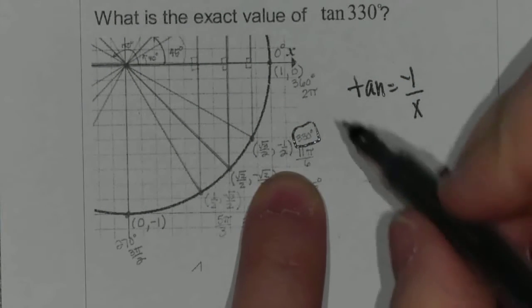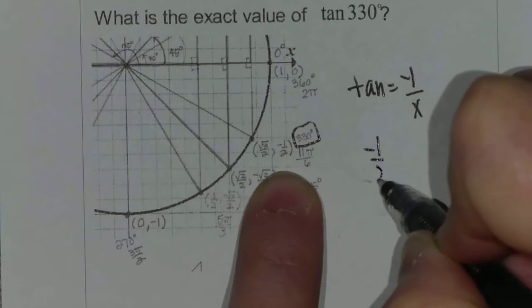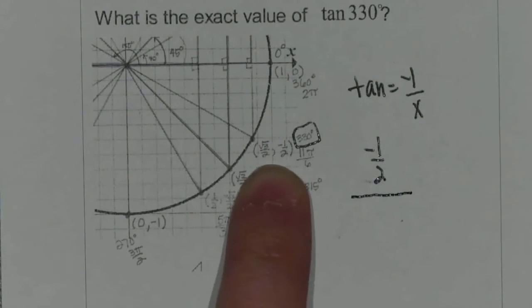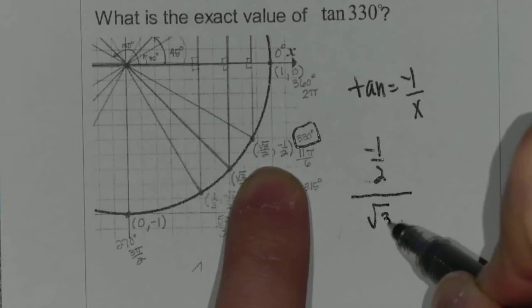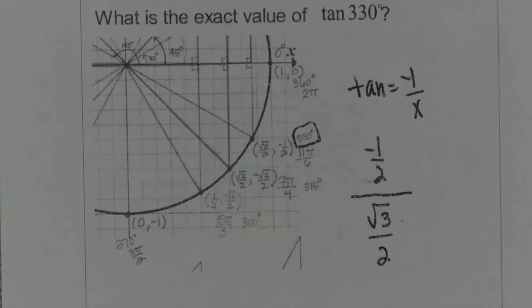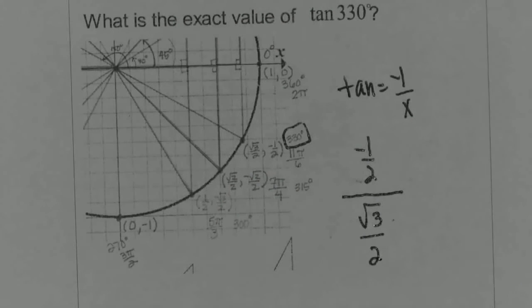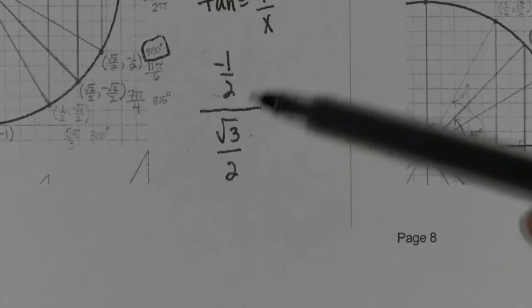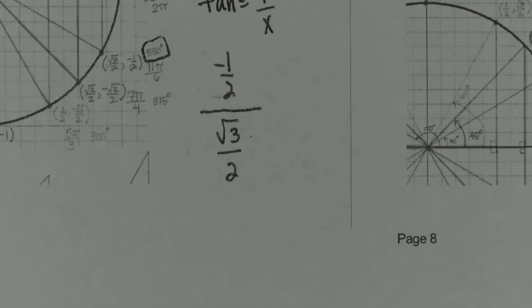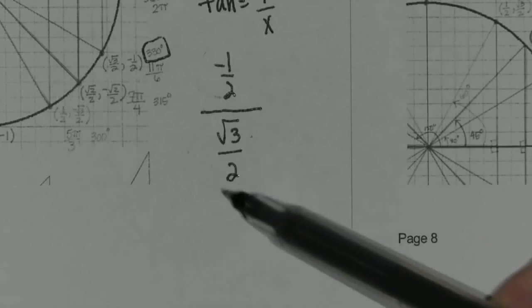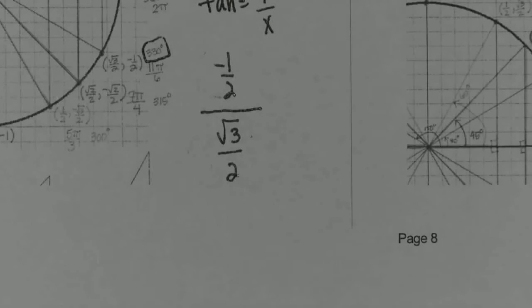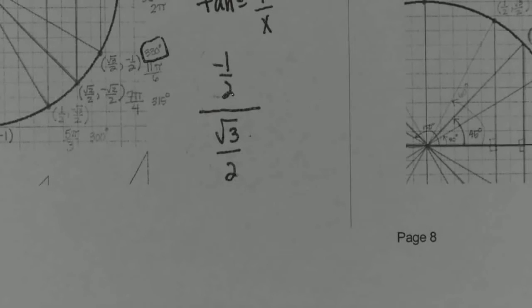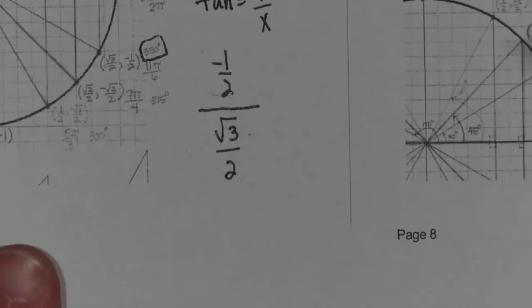I'm going to do my y value, which is a negative 1/2, over my x value, which is the square root of 3 over 2. And I can't really leave it that way. Does anybody remember what I do when I have a fraction divided by a fraction? I flip the second fraction upside down and multiply instead, right? It's called multiplying by the reciprocal.